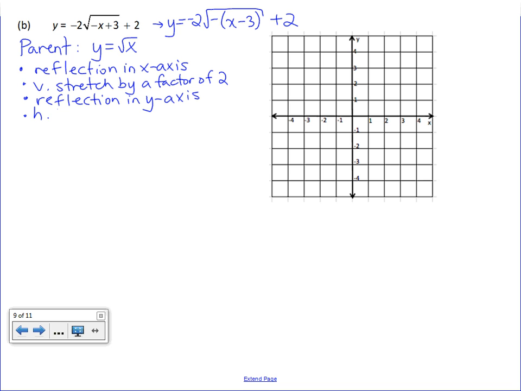Horizontal translation, 3 units, right? And then vertical translation, 2 units up. So there's your stating of transformations.